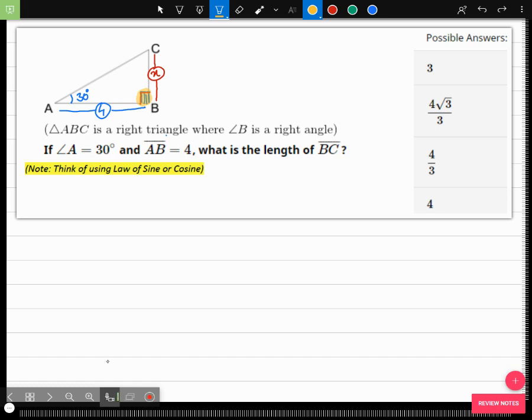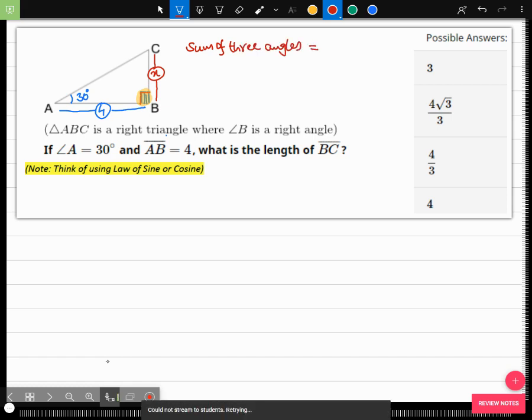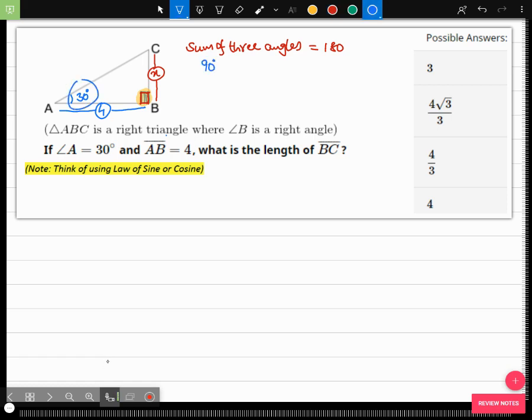Yes, it's easy because we know that the sum of the three angles of a triangle equals 180 degrees. One angle is given as 90 degrees, because it is given as a right triangle. The second angle is given as 30 degrees. And the third angle is missing here.